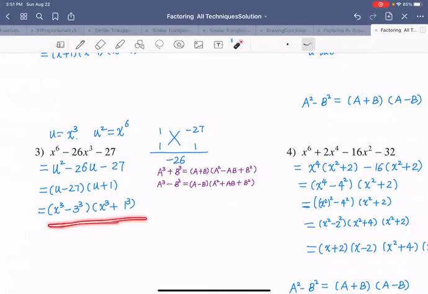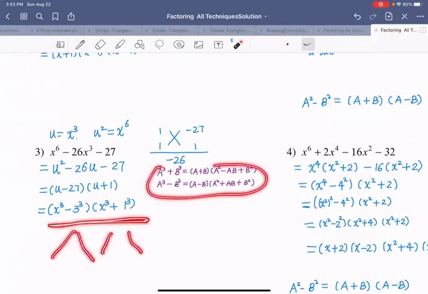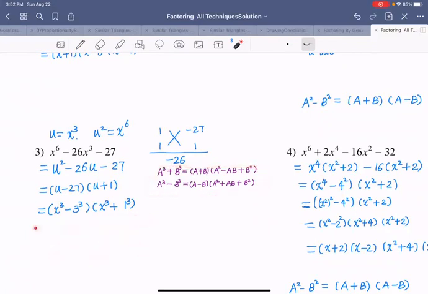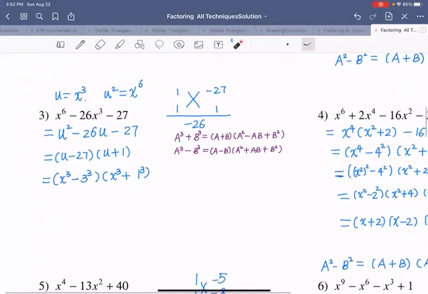Up to here, we have to further factor by using these two formulas. If you leave this up to here, it's not good enough. So we have to further factor. Go ahead, please.